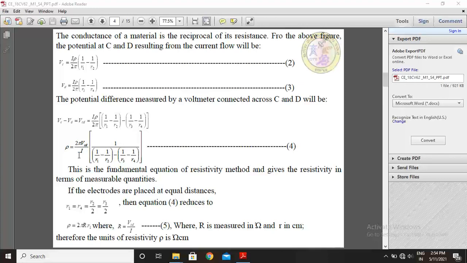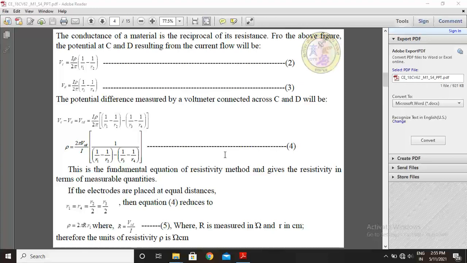Then simplified, rho equal to 2 pi times VCD by I into 1 by (1 by R1 minus 1 by R2 minus 1 by R3 minus 1 by R4). This is equation 4. This is the fundamental equation of resistivity method and gives the resistivity in terms of measurable quantities.